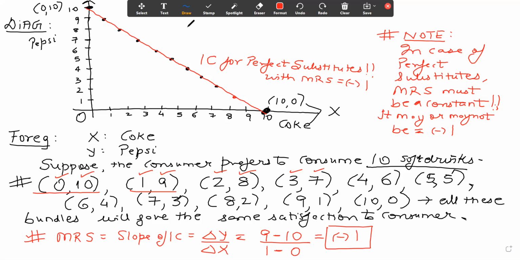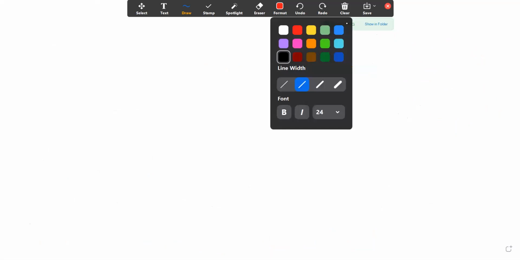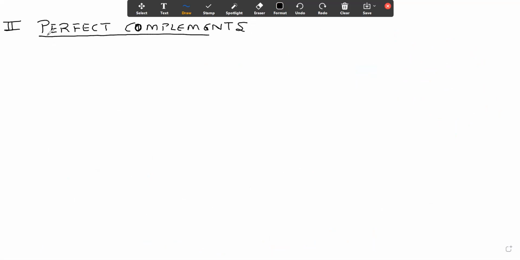Okay. And similarly, guys, we can talk about the second case. The second special case, perfect complements. Okay, so when are two goods said to be perfect complements?